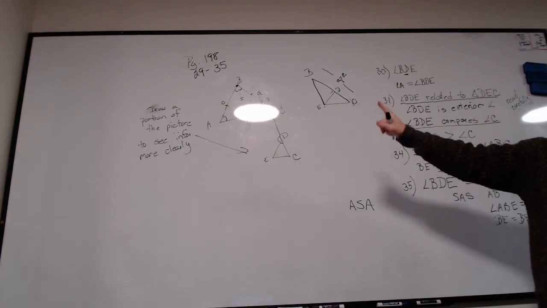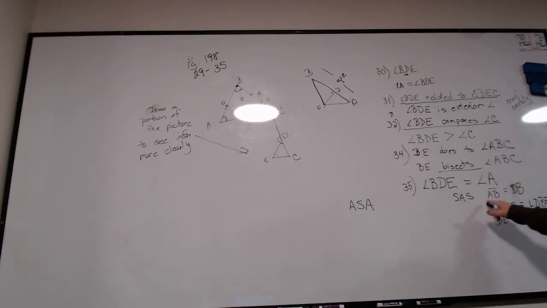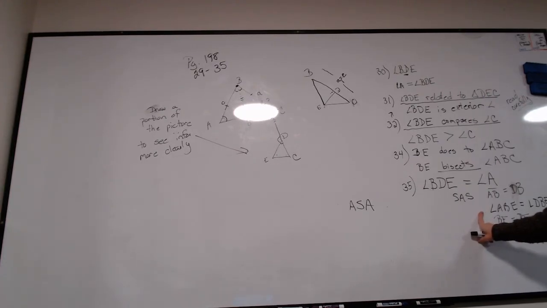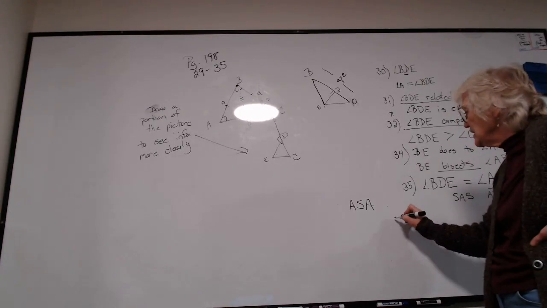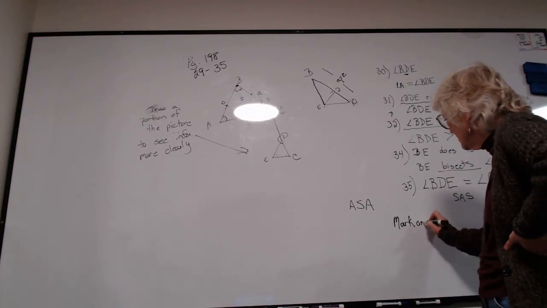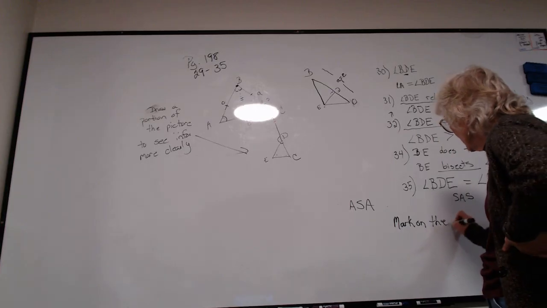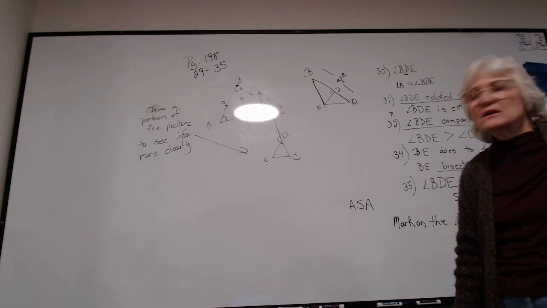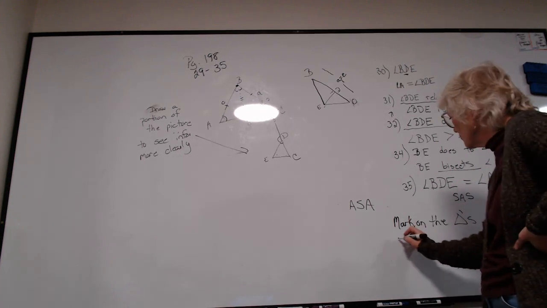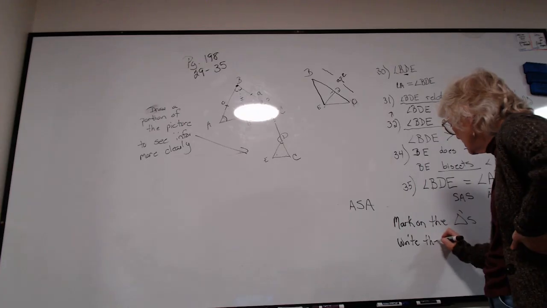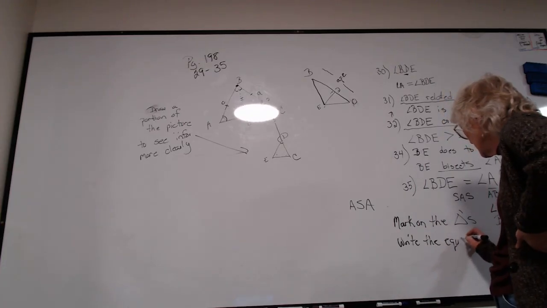But you must have it marked, otherwise you have to write it down. Does that make sense? You need to prove these, so you either need to have marks on the triangles showing their relationships to each other, or you need to write the equal parts.